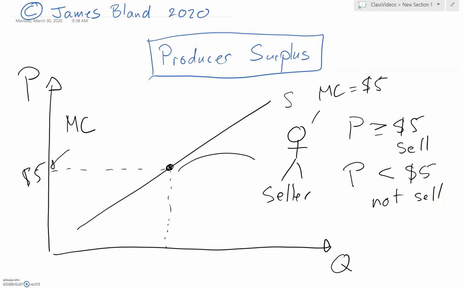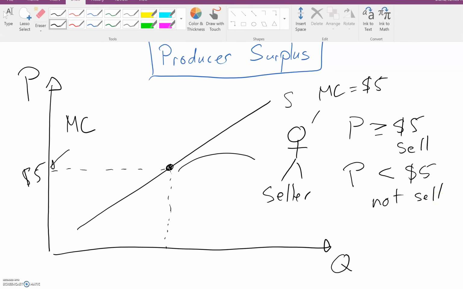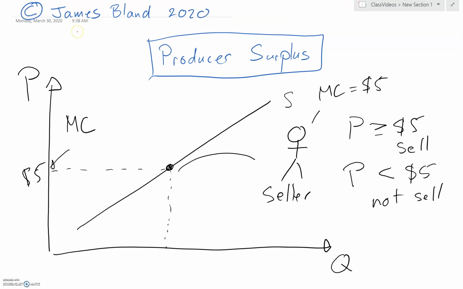Okay, so suppose that I am the seller, or you are the seller at this particular point on the supply curve, but the price was actually $7. Here's my marginal cost, and here's how much I can sell stuff at. I produced something for $5, which I managed to sell for $7.